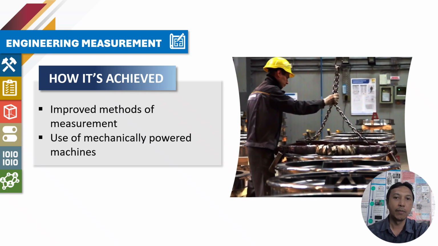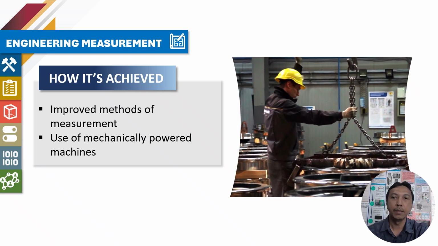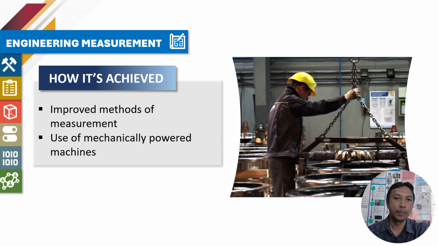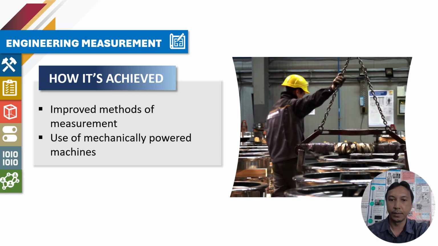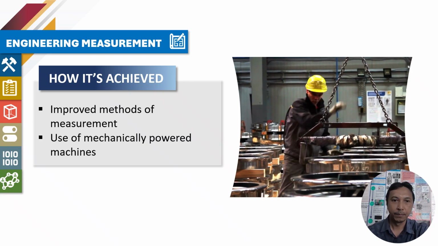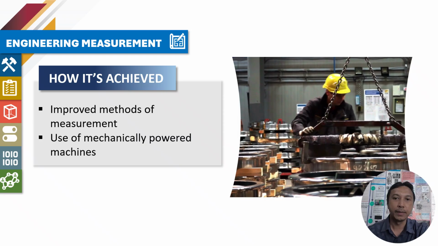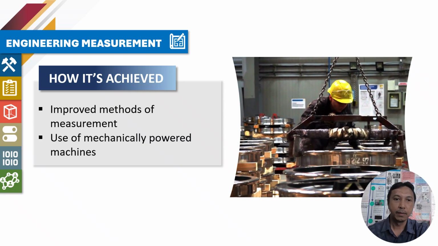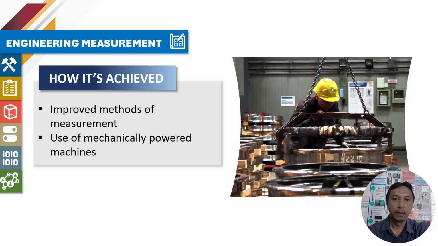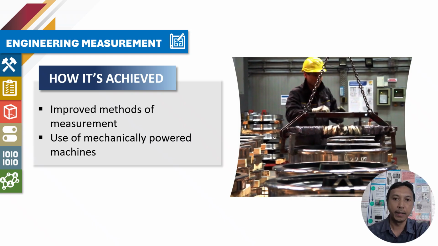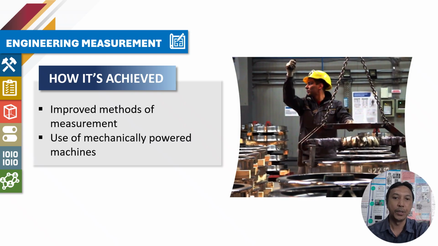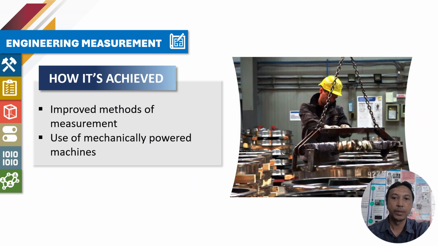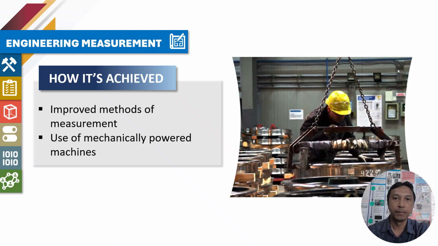This level of interchangeability is only possible through two things. First, improved methods of measurement, and second, the use of mechanically powered machines to produce consistent results.